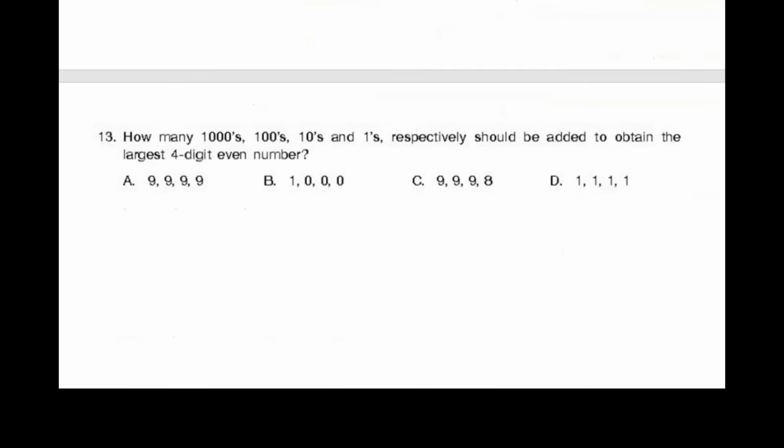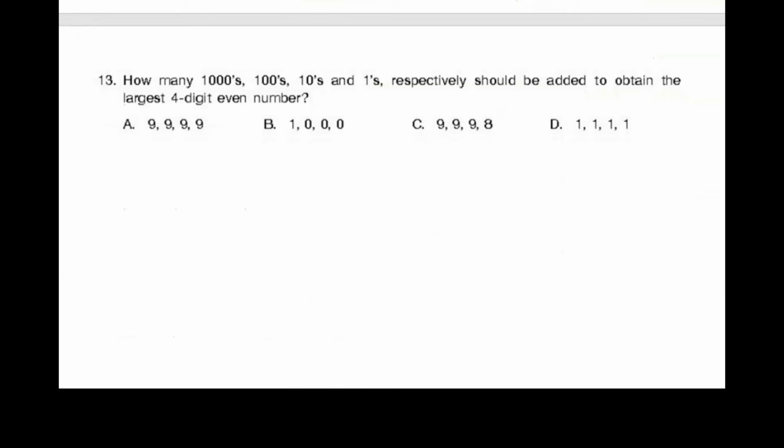Next question is question number 13. Question number 13 is asking how many thousands, hundreds, tens and ones respectively should be added to obtain the largest 4-digit even number. So let's start solving the question. We are needed to tell the largest 4-digit even number.